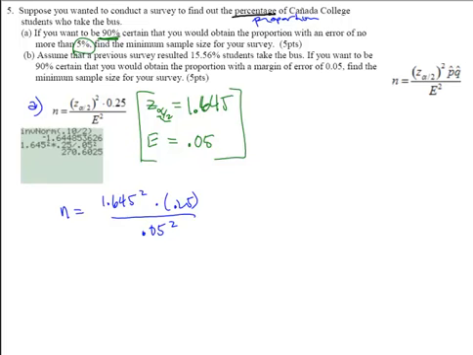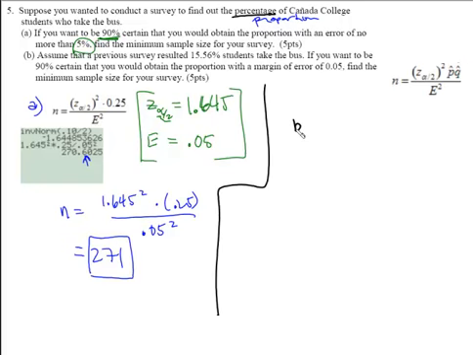Now our n is given as 270.6, but this is a sample size, so this has to be a whole number, and for whole numbers in this particular scenario we always want to round up. Now this we round up anyways because your 6 here is bigger than or equal to 5, but in general if there's a decimal residue like that you always want to round up.